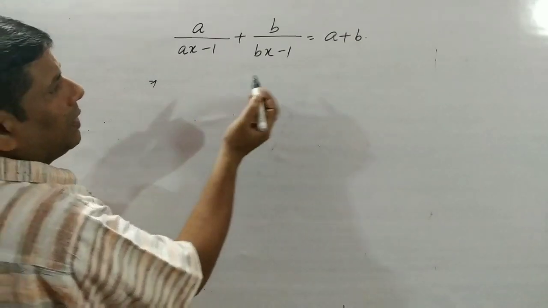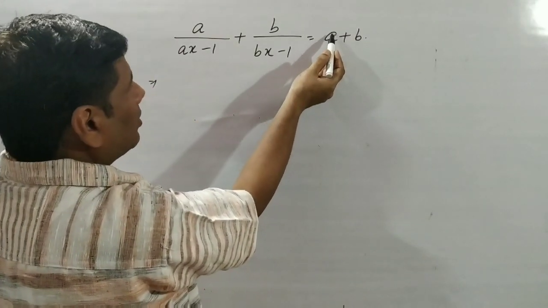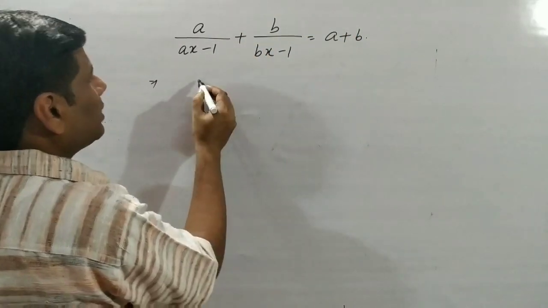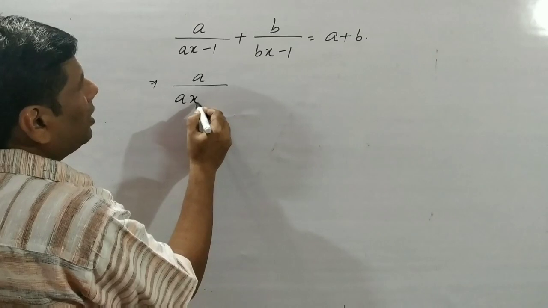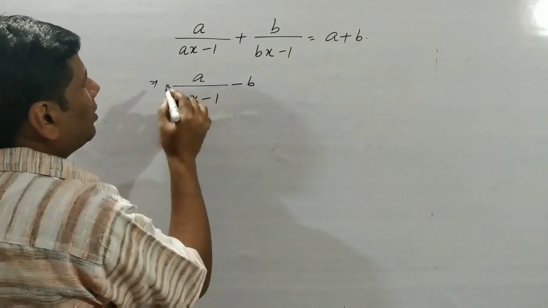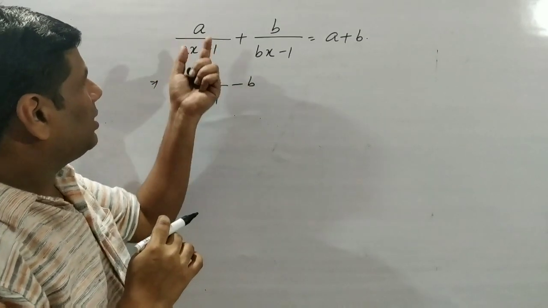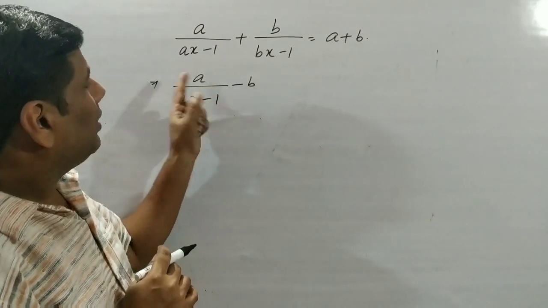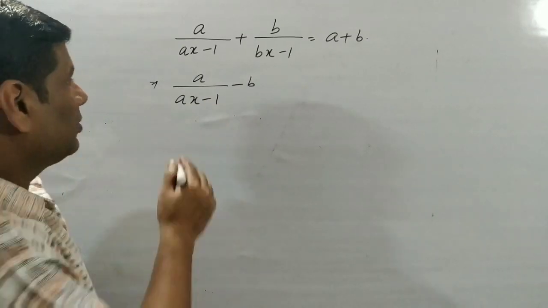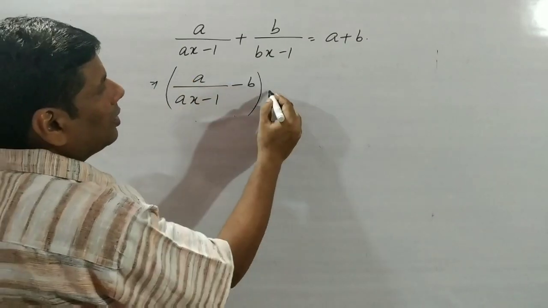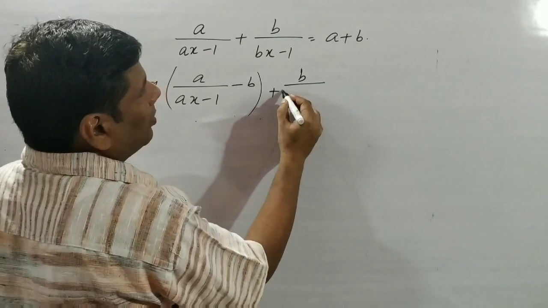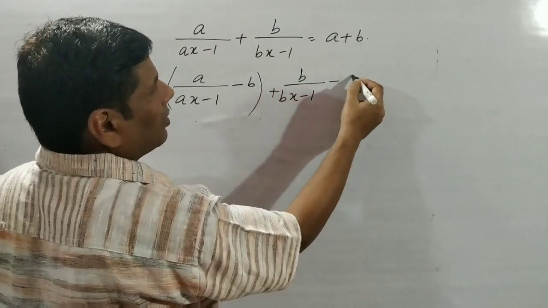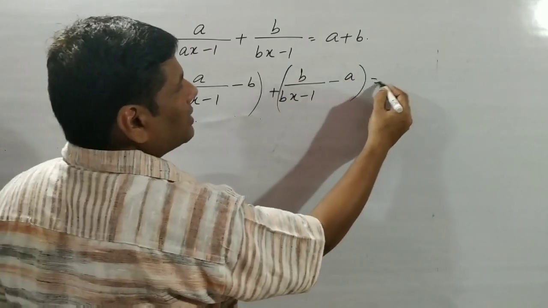If we take this a this side and this b this side, arranging in such a way that a by ax minus 1 minus b, the term which had a in the denominator like ax, we will subtract b in this one, and another term which had denominator bx, we will subtract a, and this side it becomes 0.